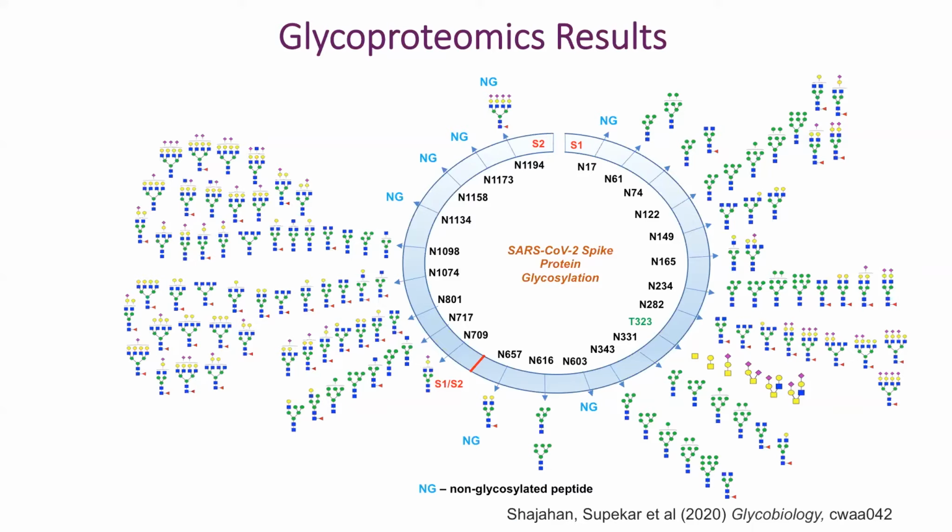The S1 subunit is predominantly high mannose. There is not that much sialylation in the S1 subunit. There is more sialylation in the S2 subunit. The RBD regions are predominantly high mannose.